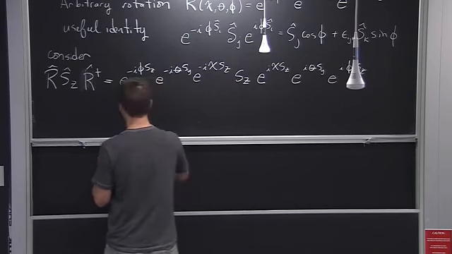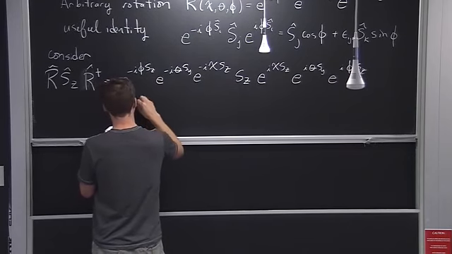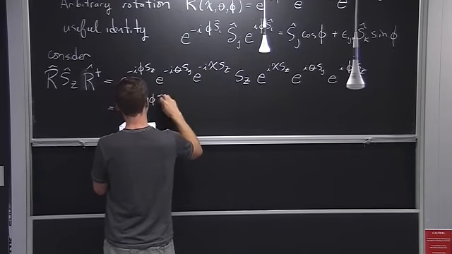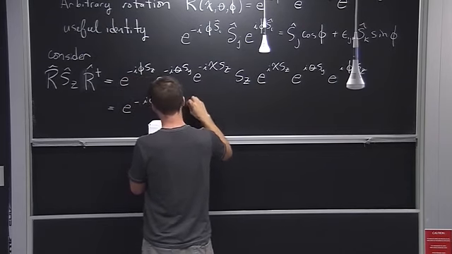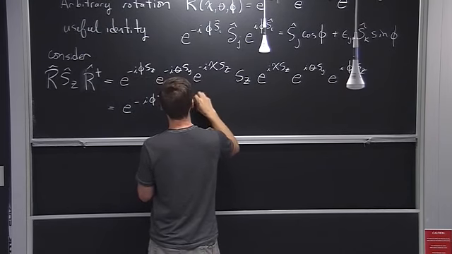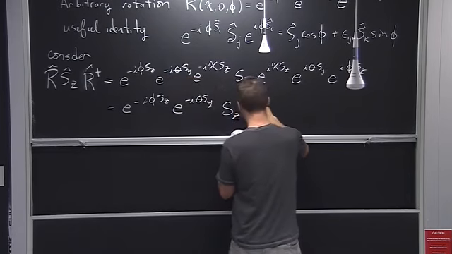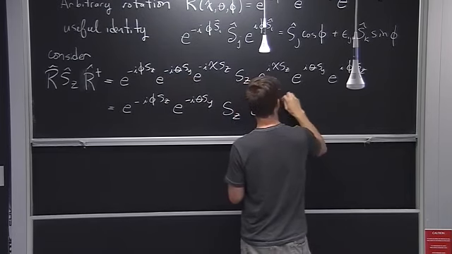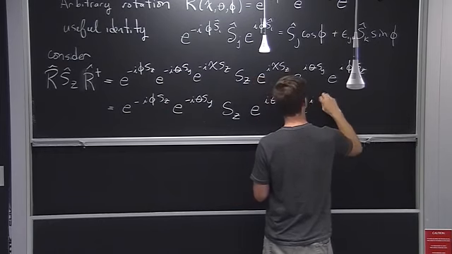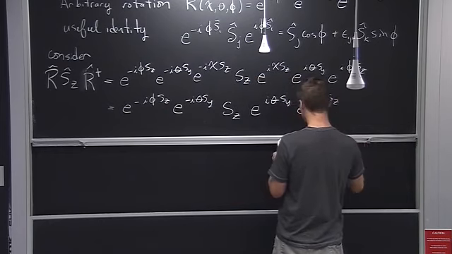So every time you commute, you can simplify a lot of these expressions. This one will give you just the first two terms, then the S_z operator, and then e^{iθY}, e^{iφZ}.